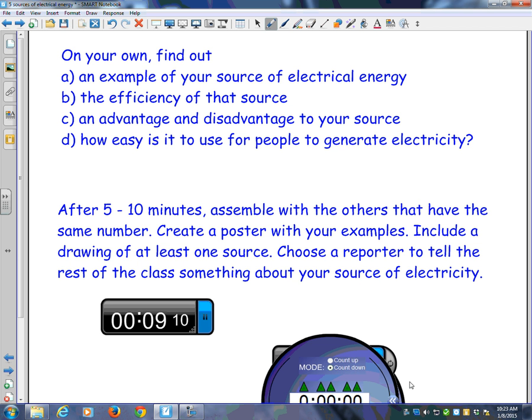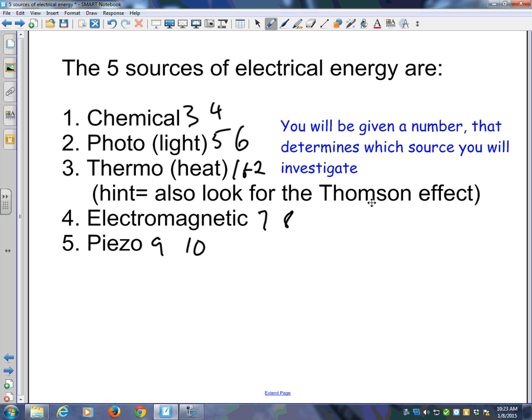Okay, so you guys, Danielle and TJ, when you're looking, look for the Thompson effect as well.